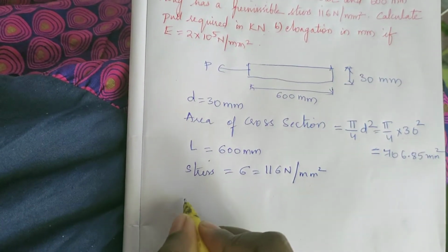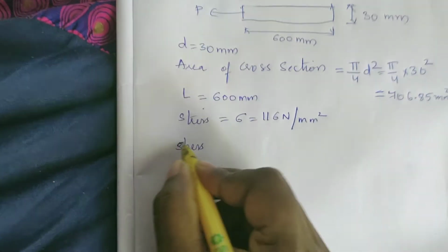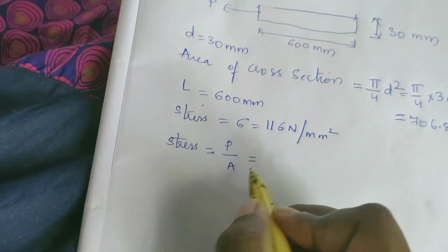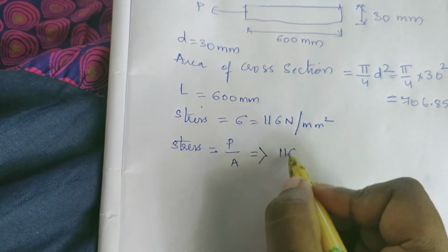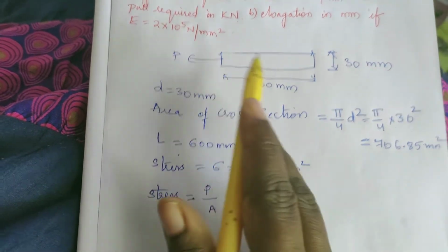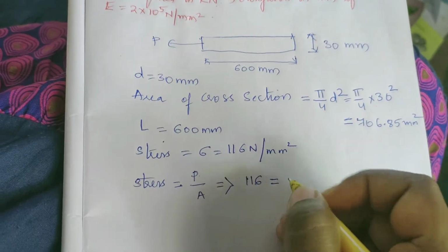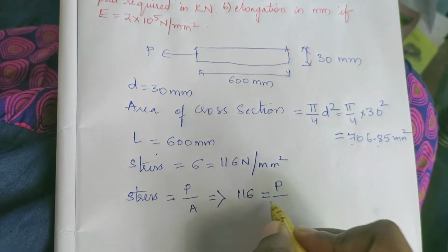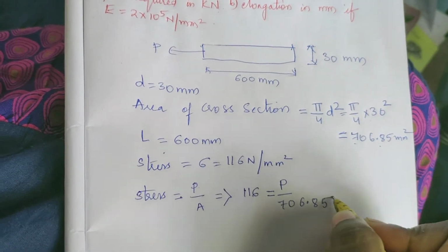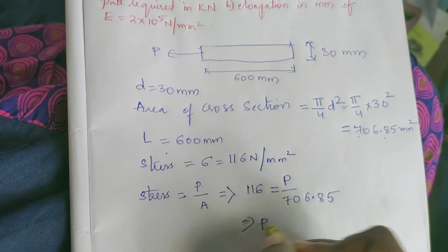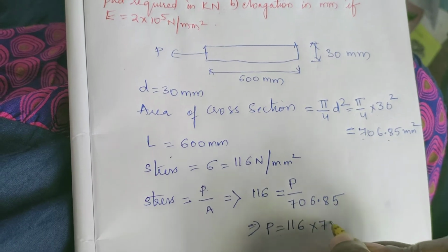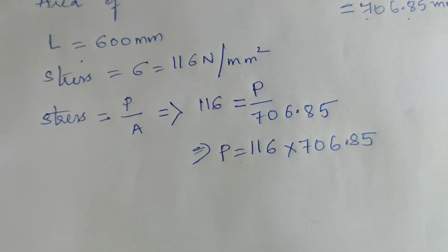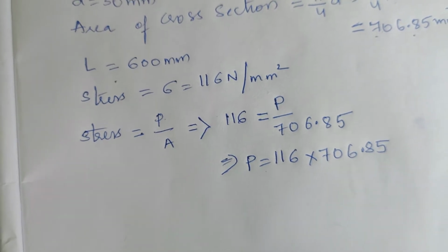So now I am taking the formula for stress. Stress is equal to load by area. The stress value is 116 and the load is not given. You need to find the load, that is the pull required in kilonewtons. So P by area, which we found using the diameter, 706.85. Therefore P is equal to 116 into 706.85.